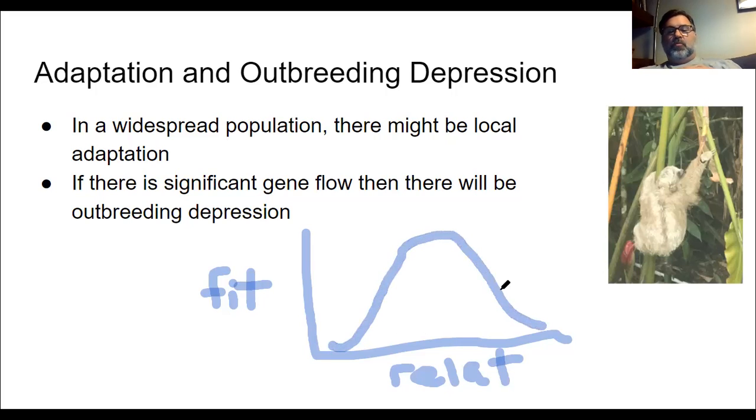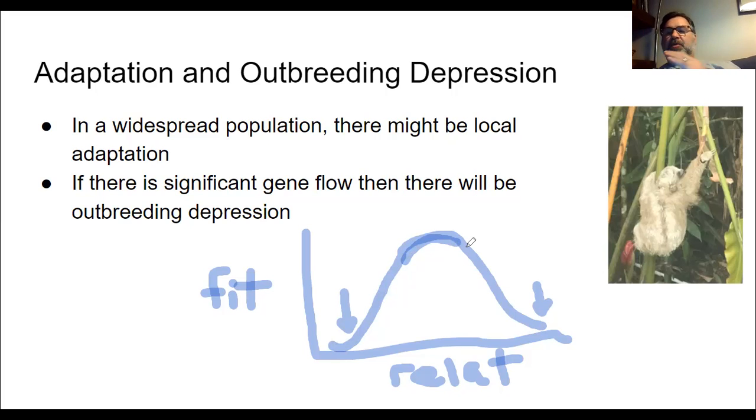Okay. Where this side, so if you're not related at all, then you have outbreeding depression. And on this side, where you're very related, you have inbreeding depression. So what this suggests is there's some range in between, and this would depend on the species, would depend on the genetics.